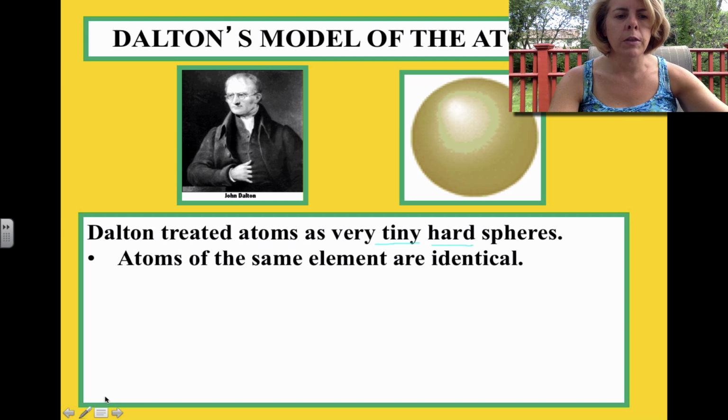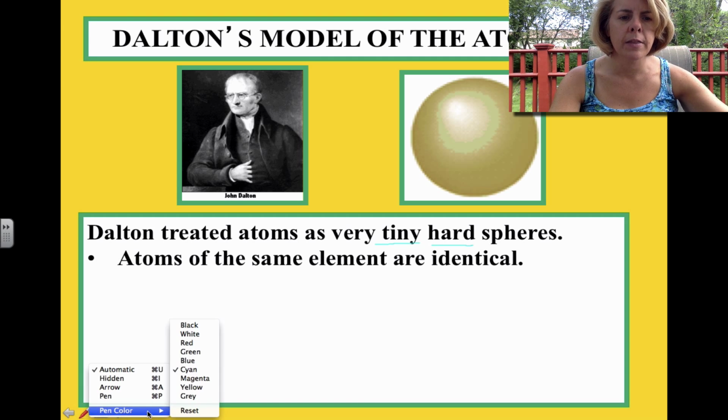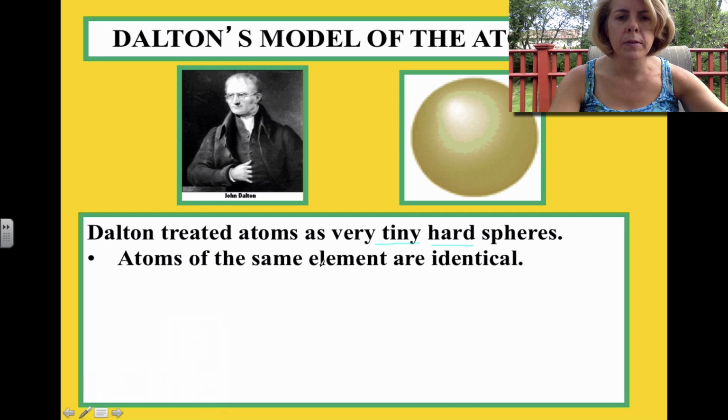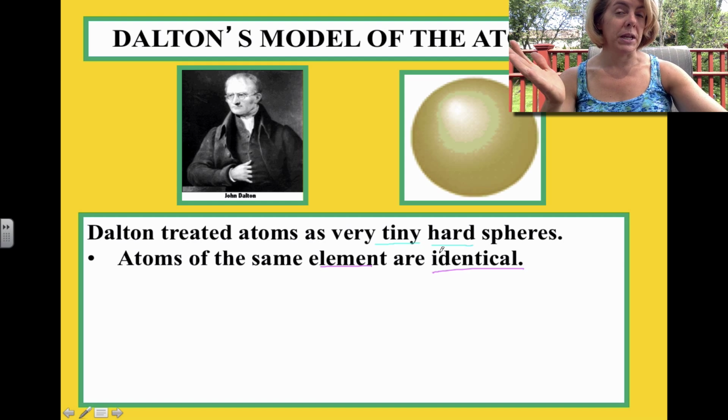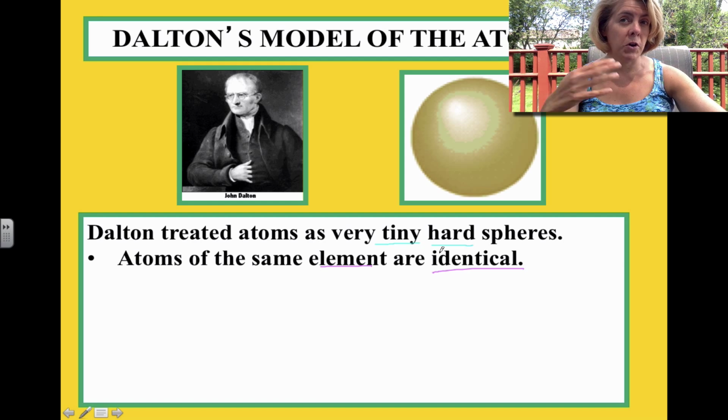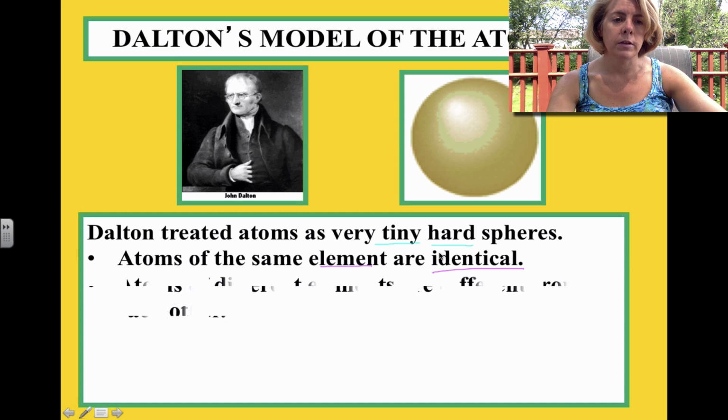Now, with his theory, he said that atoms of the same element are identical. That means all hydrogen atoms are the same, all oxygen atoms are the same, all carbon atoms are the same. There should be no variation within those. Now, when we look at the modern theory, we're going to see whether or not that holds true or not.